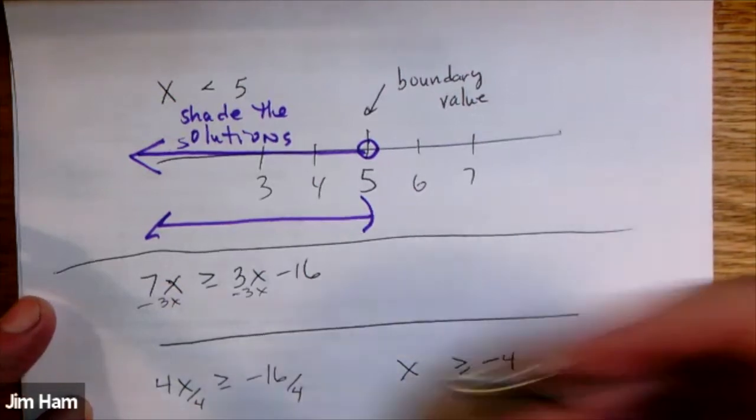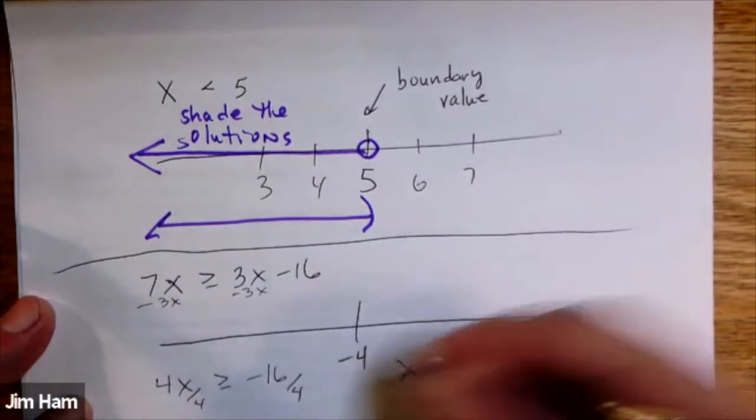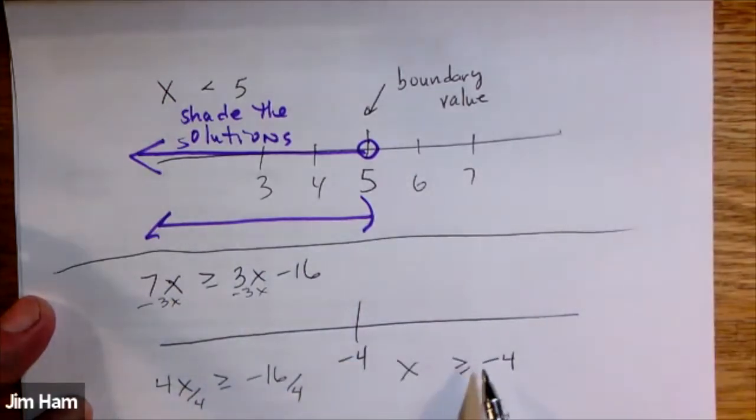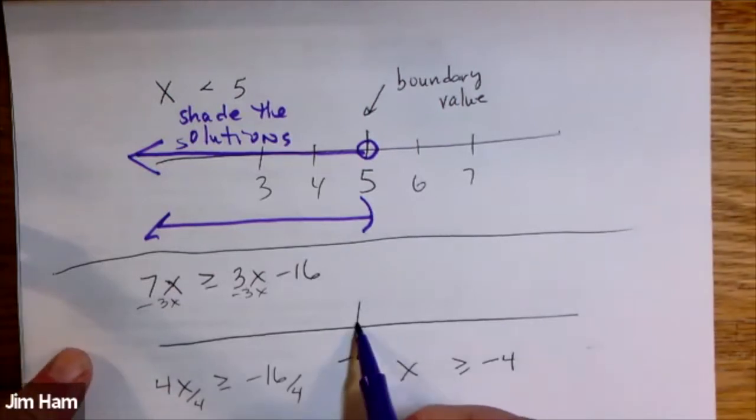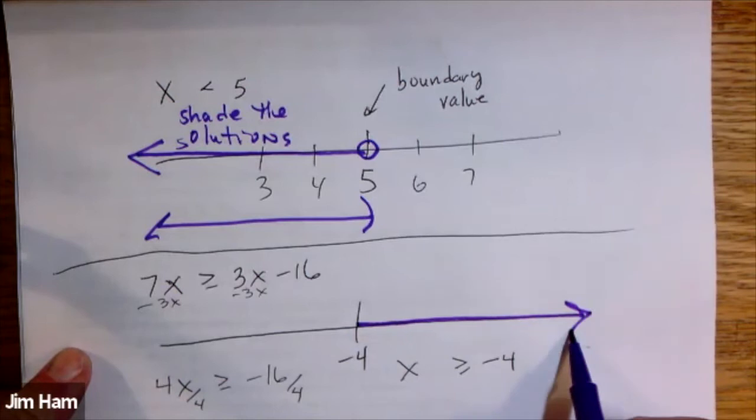So now the boundary value that I'll throw right in the middle is -4. And notice we have the greater than or equal to sign this time. And so we're always going to shade the solutions. So we're looking for numbers that are larger than -4. All those numbers appear to the right of -4.